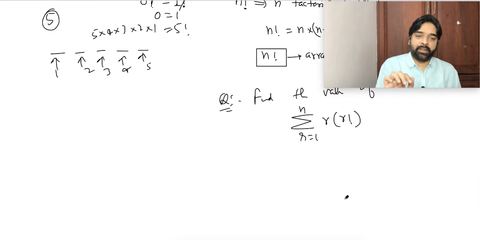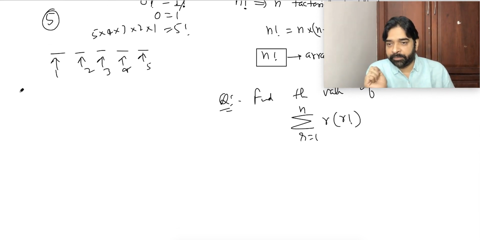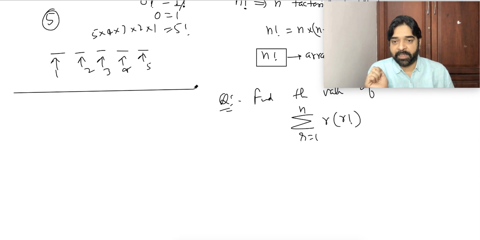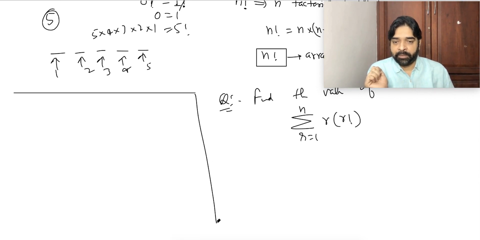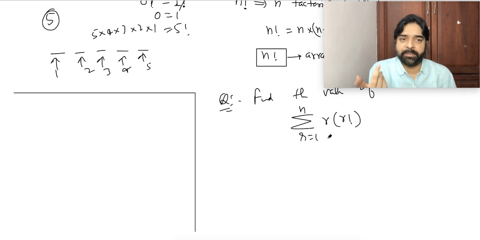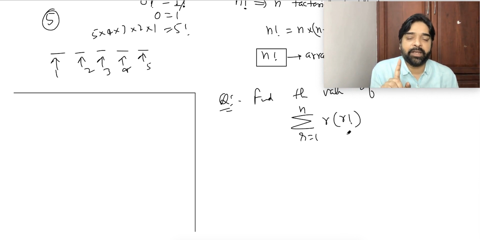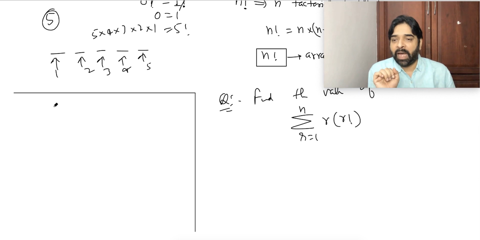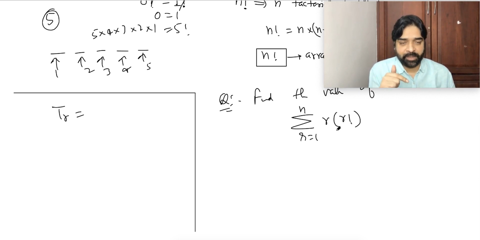See, when you're doing any summation, the first thing is: is it AP, GP, HP? No, it's neither AP, GP, nor HP. If it is not AP, GP, HP, always try to write the term in difference form. Meaning, what is the rth term of the series? You'll say r into r factorial.